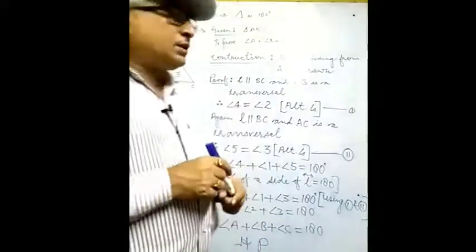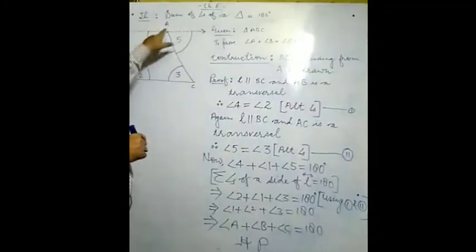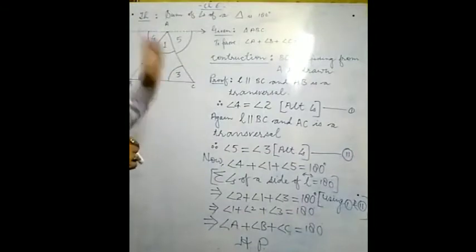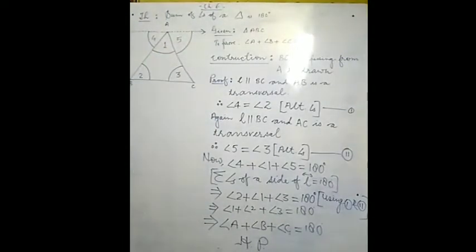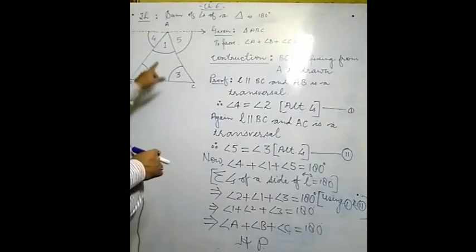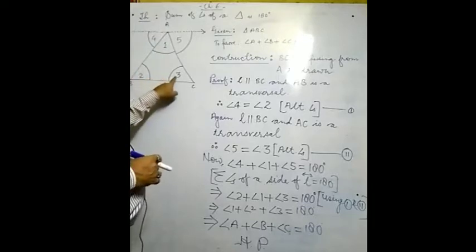You may observe here a figure of triangle ABC is given. Obviously this corner is interior angle A, this one is interior angle B, this one is interior angle C. In this way there are 3 angles in a triangle: angle number 1, angle number 2, angle number 3.